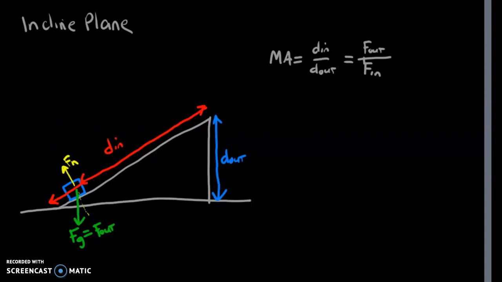For things like screws, wedges, wheel and axle, with a screw, we have this thing here, and it has threads on it.